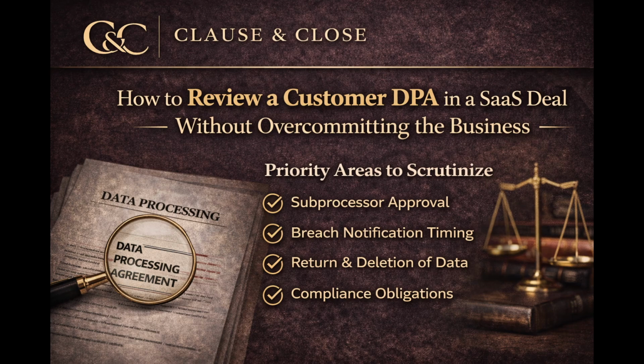You narrow broad drafting, you offer controlled fallback language, and you escalate any promise the business cannot actually support in practice. That is what disciplined DPA review looks like in a SaaS deal. And that is why this kind of work matters, because the real mistake in DPA review is not missing a privacy buzzword. It is agreeing to obligations the business cannot actually perform once the contract is signed.